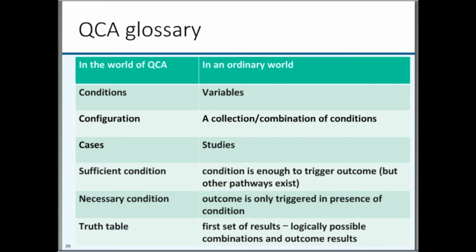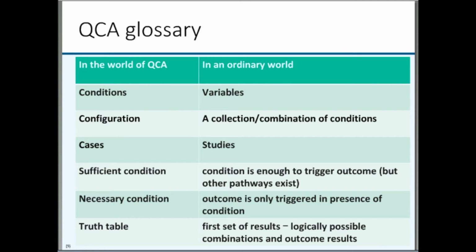Within QCA as well, we start to talk with a different language than we would necessarily within meta-analysis, for example. So here we have a QCA glossary. So within the world of QCA, variables are known as conditions. So we don't talk about variables, we talk about conditions. We also talk about configurations of conditions, which are a combination or a collection of conditions. Cases are studies.